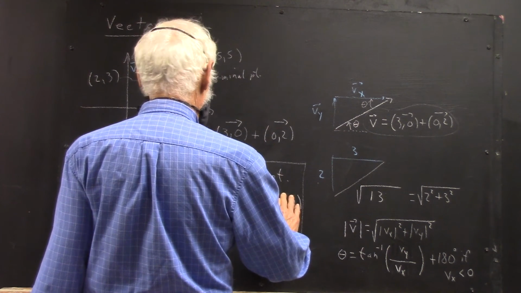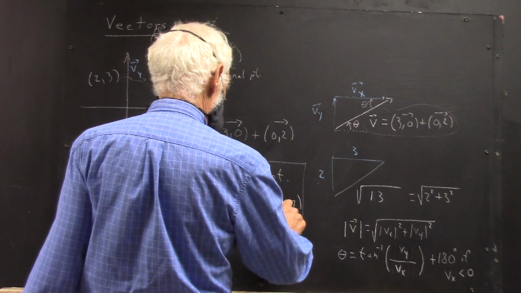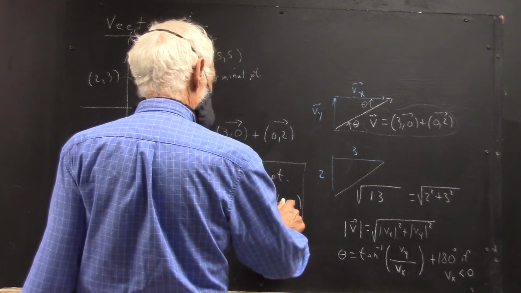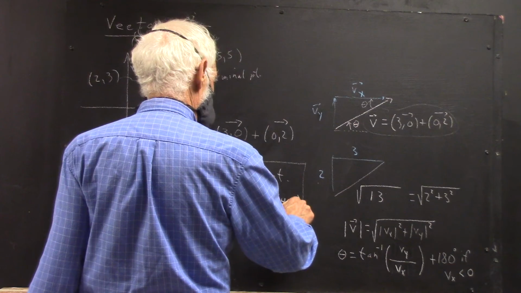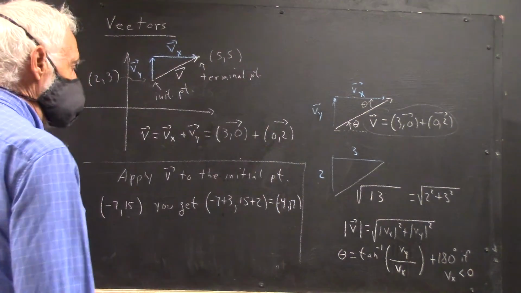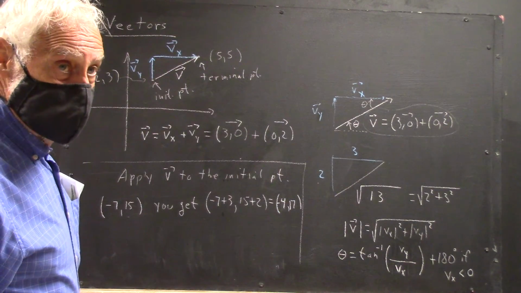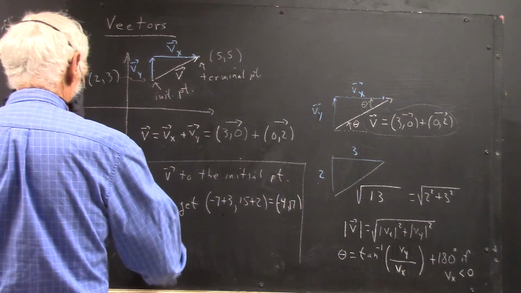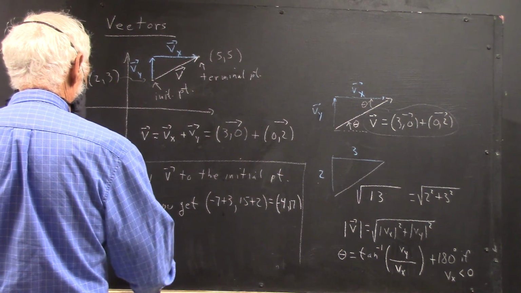That's not 8. How did I get 8? It's a mystery. Something went haywire. Anyhow, negative 4, 17. Okay? And that makes sense if you put this in a coordinate system here.